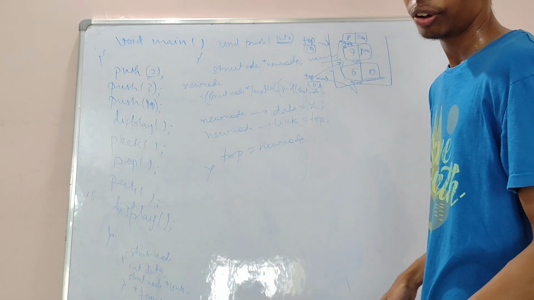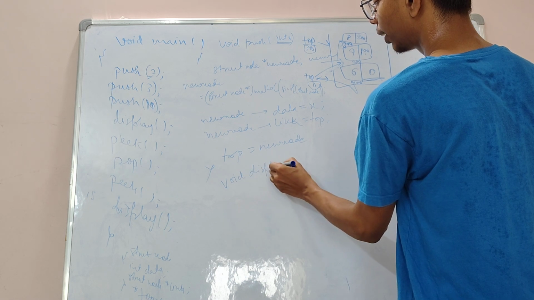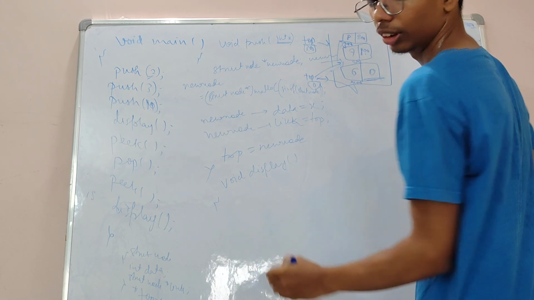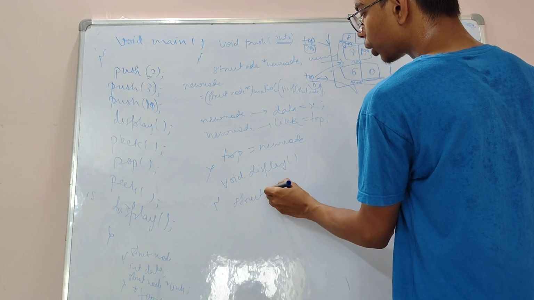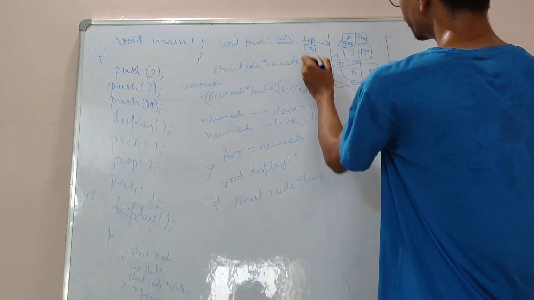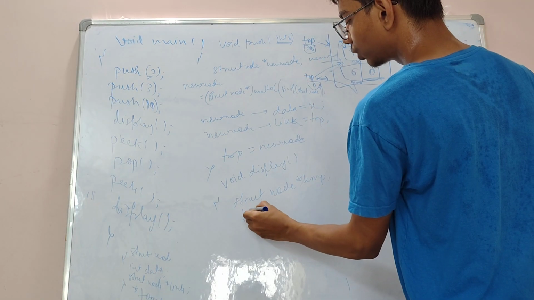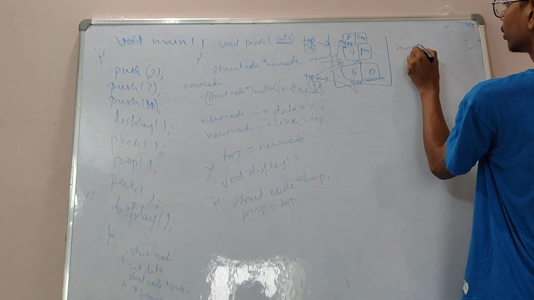Now for void display, for displaying the content. So now I will initialize a pointer, struct node temp, and once my top reaches here, I will write temp is equal to top. So temp will point here.